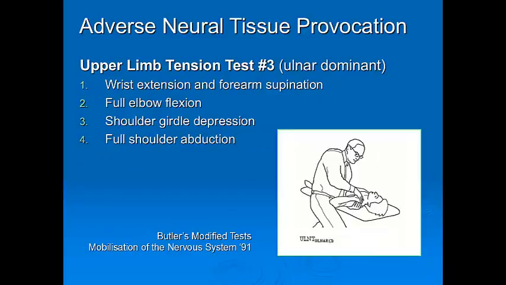In class, I'll also demonstrate Elvey's test positions, which are quite similar. There is a typical sequence that most of these tests are performed in. However, the end position is the critical part of the test, and it is commonly varied as to the sequence with which the therapist gets there.